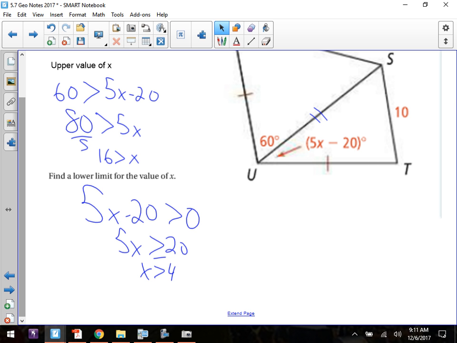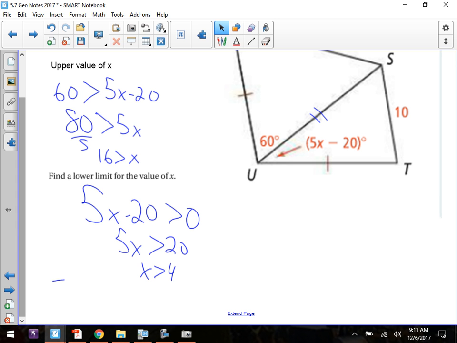So any value that's larger than 4, 4.1, 4.000000002, that's still greater than 4, which means it's possible to make it work.